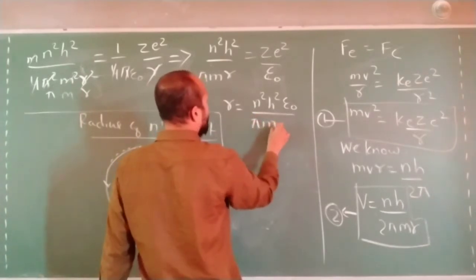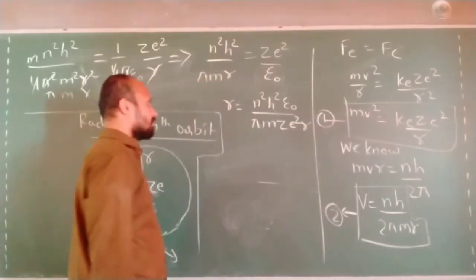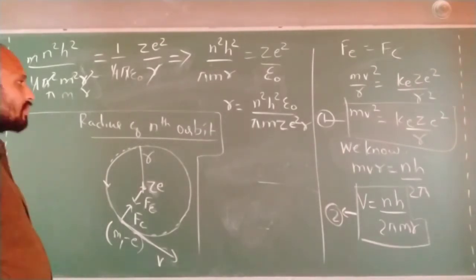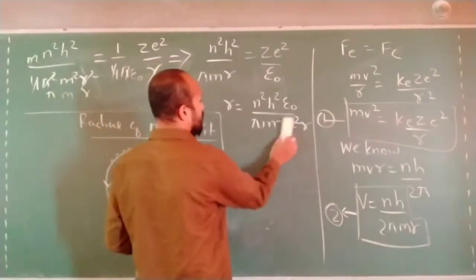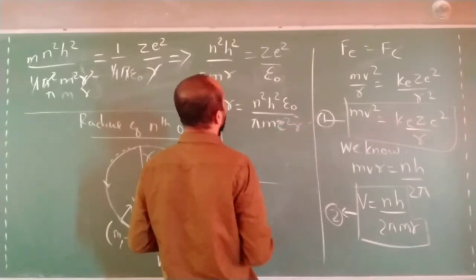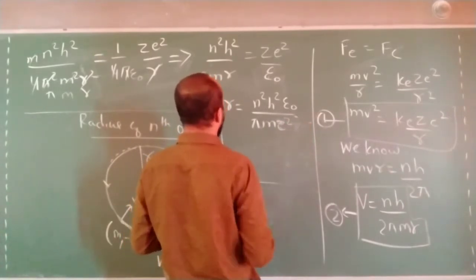Pi m z square r. Are you understanding? Or I can write this as pi m e square r. E square, not r. Pi m z square.